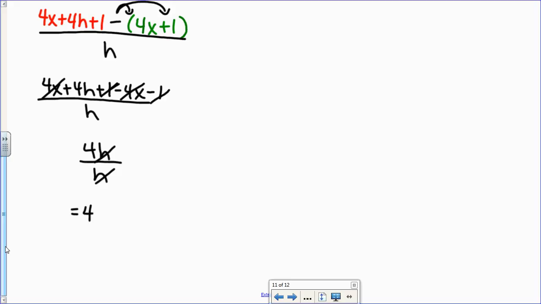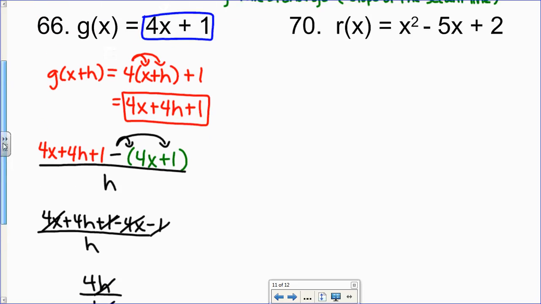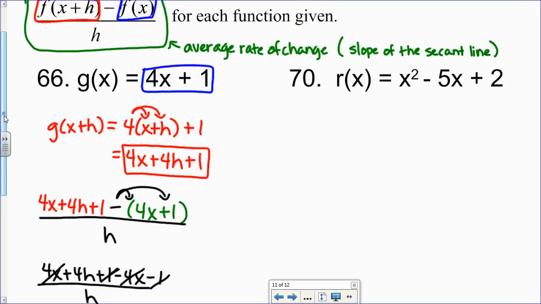So that's my formula. That's my rate of change between any 2 points on the graph. Well, go back to your function. G of x equals 4x plus 1. This is a linear function. What's the slope?